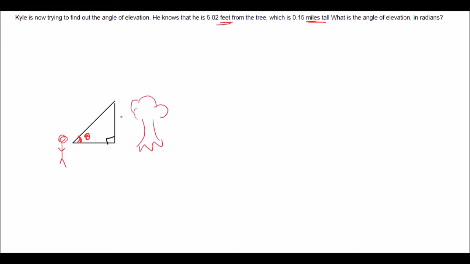He is 5.02 feet from the tree, and the tree is 0.15 miles tall. So the first thing we need to do is convert from miles to feet, because here we have a fraction of a mile, and that does not seem very practical, but over here we have whole feet.